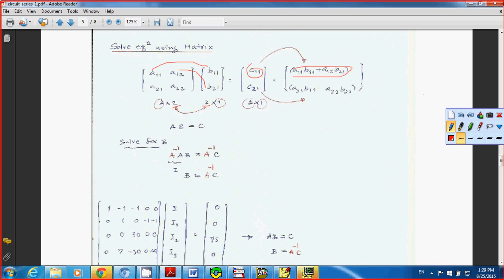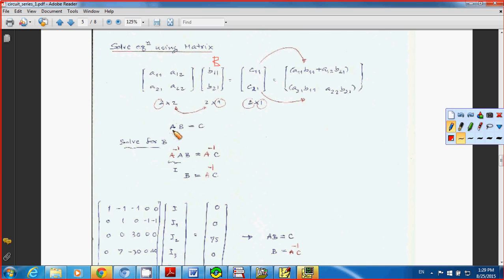So this is my C11. And for C21, you multiply A21 by B11 plus A22 multiplied by B21. Okay. And now the way you solve for B, right? I have matrix B here.